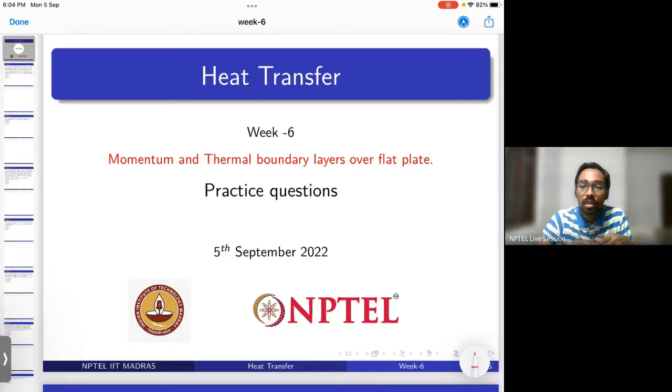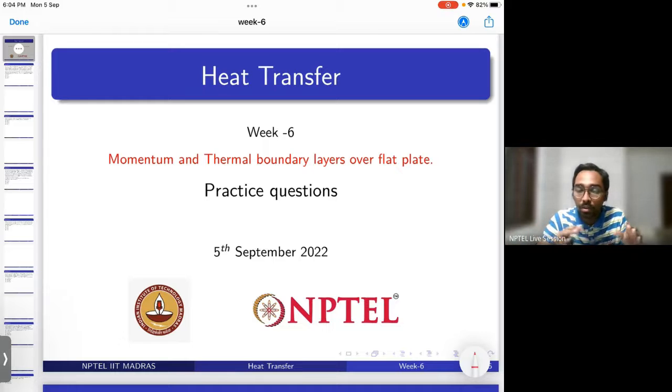Then we separately considered that mainly we considered the flow to be laminar, but flow can be turbulent also. So we studied the expressions for turbulent flow over a flat plate. First it used to be laminar, then there is turbulent.